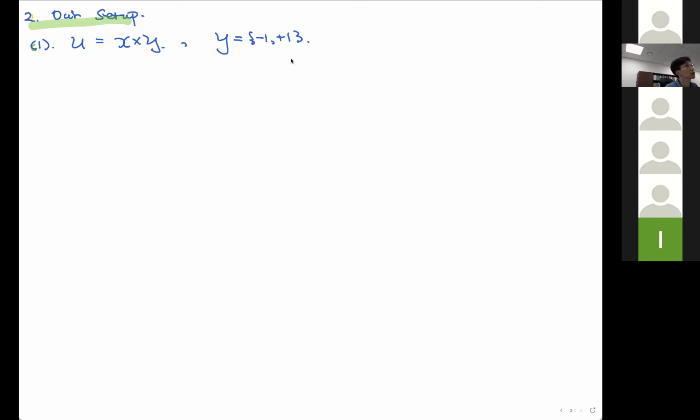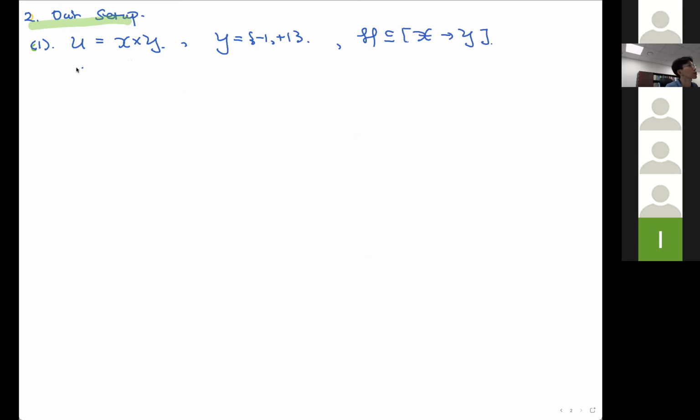So that's our setting, and we also have a set of hypotheses. The hypothesis set is going to be a mapping from X to Y. So it's not exactly the function class f, the curly f that I wrote.